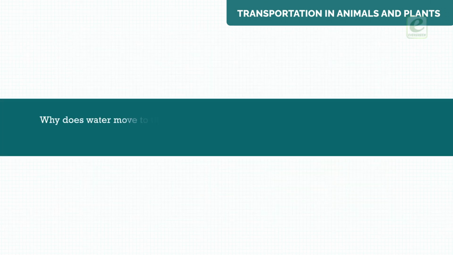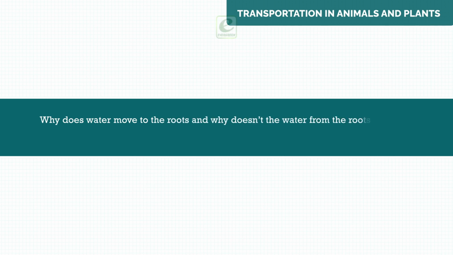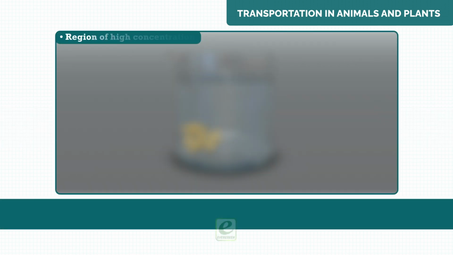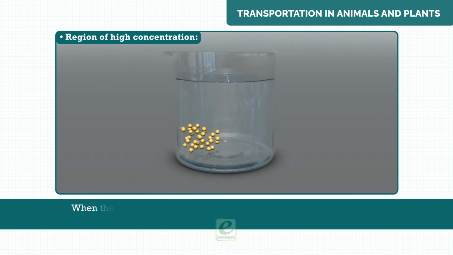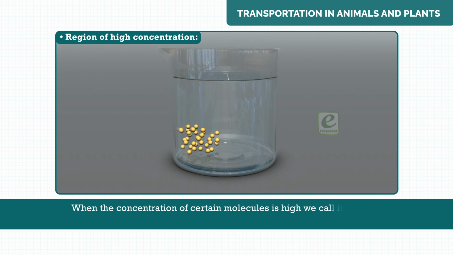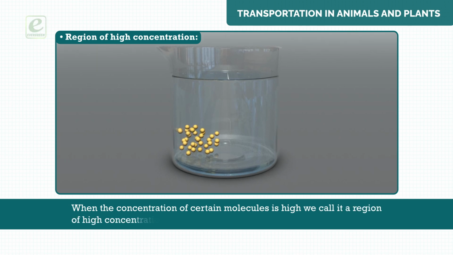Why does water move to the roots and why doesn't the water from the roots come out can be explained as follows. There are two regions of concentration. Region of high concentration. When the concentration of certain molecules is high, we call it a region of high concentration.